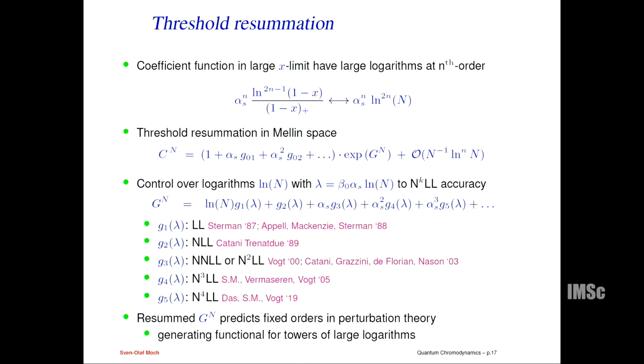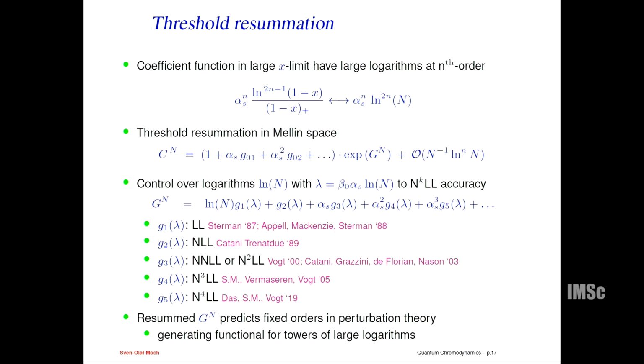At order alpha_s to the power n in perturbation theory, you find plus distributions with log to the power 2n minus 1 of (1 minus x) over (1 minus x), and they translate into Mellin space logarithms, alpha_s to the power n log to the power 2n of the Mellin variable n.